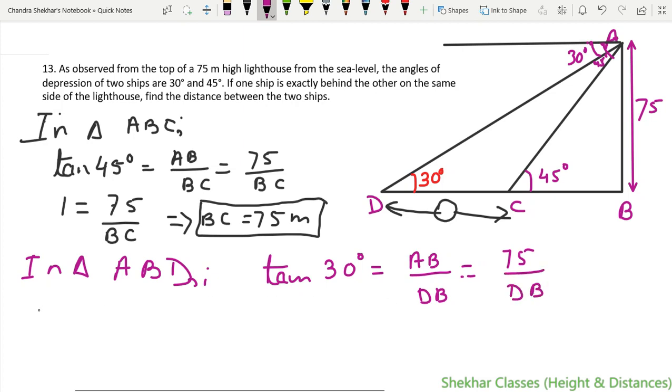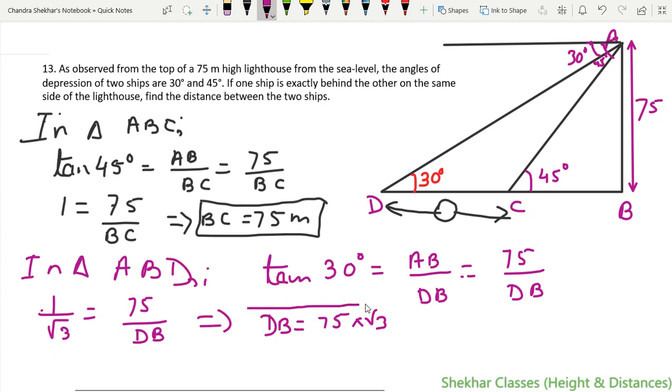We know the value of tan 30. Tan 30 is 1 upon root 3, equal to 75 upon DB. So DB here will be 75 into root 3. So we got DB also. Okay, we got DB as 75 root 3 and BC as this one.